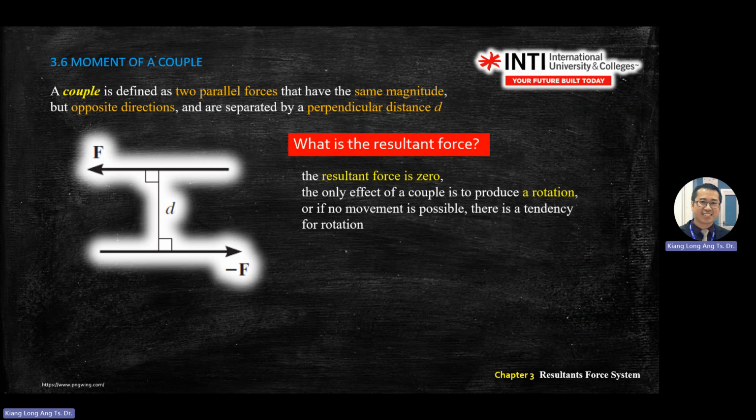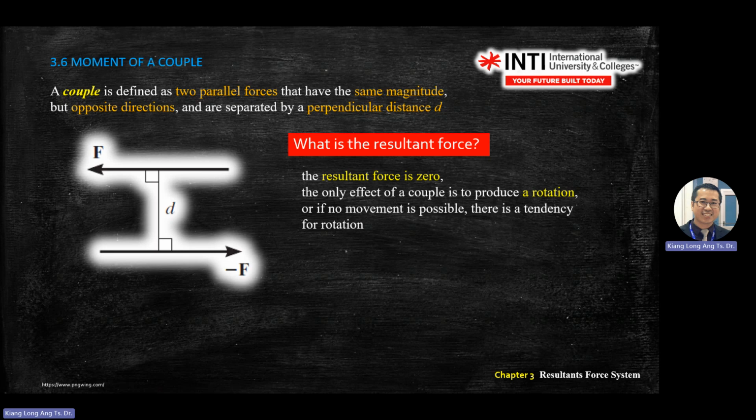If you think of the steering wheel, one force goes down and one goes up, so the two forces actually cancel each other. The force magnitudes cancel each other. However, the result of these two will give you rotation.